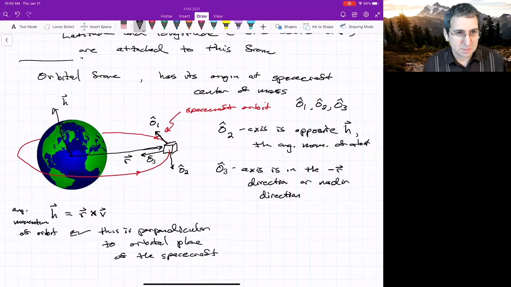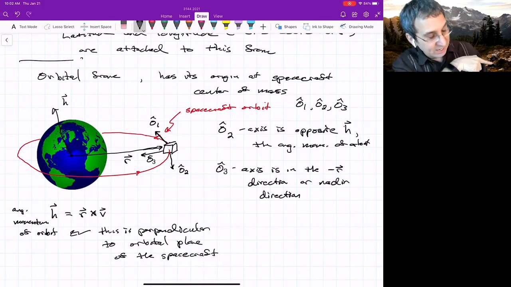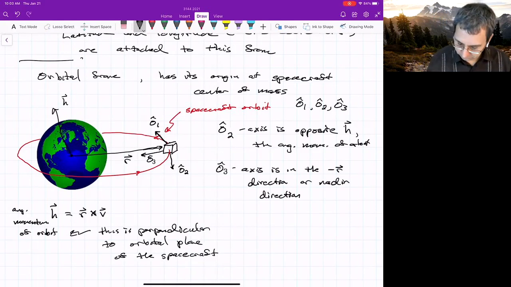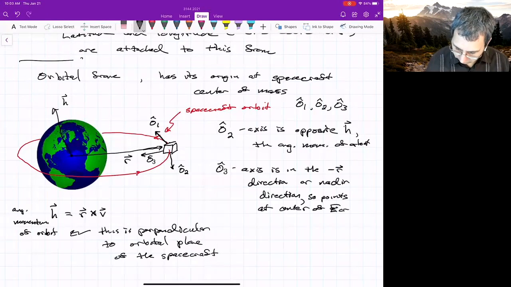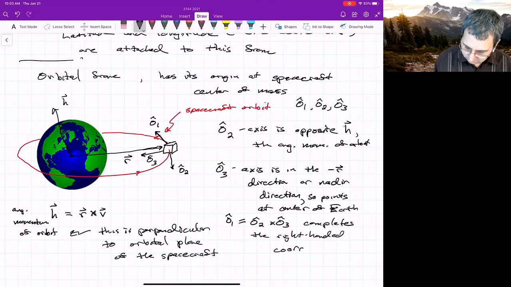The nadir, something is like its lowest point. So the direction pointing at the center of the Earth. Okay, and then O1 completes the right-handed coordinate system. So O1 would be O2 cross O3, which completes the right-handed coordinate system.